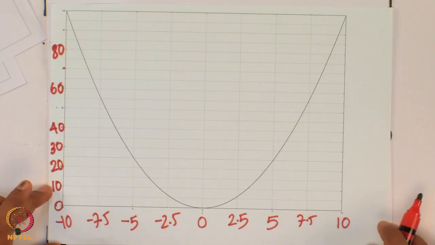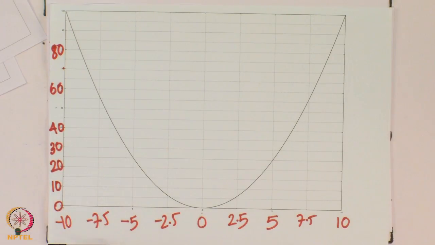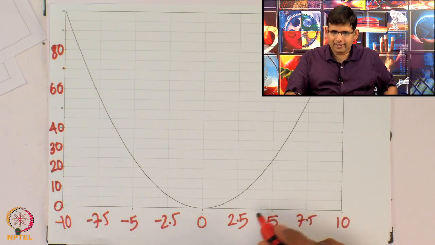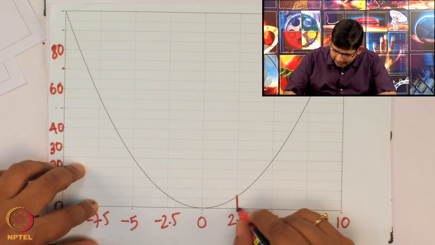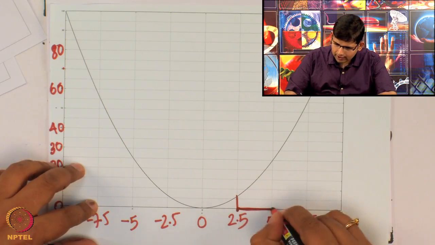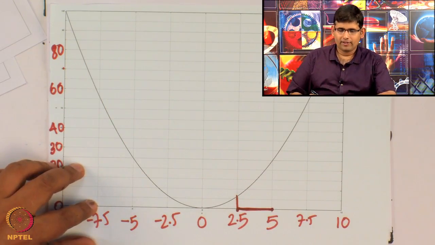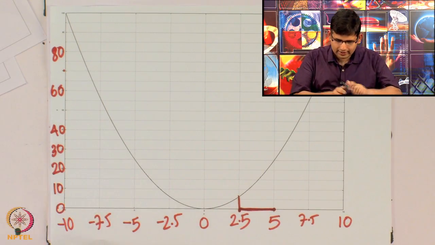If I want to calculate the derivative of this, I can calculate the derivatives at different points. So let us say I take these two points as my delta x, 2.5.